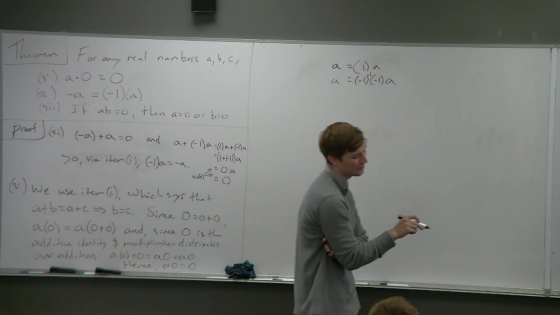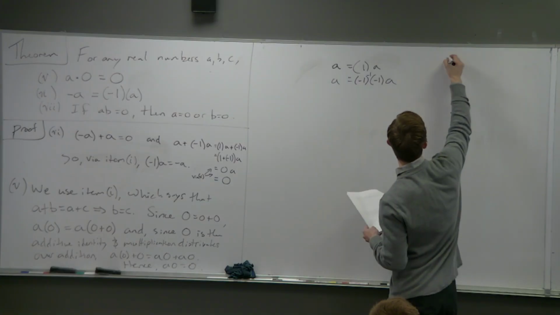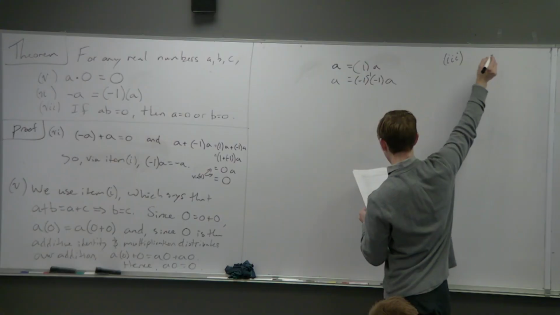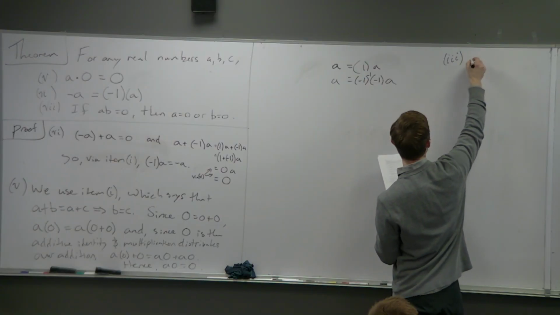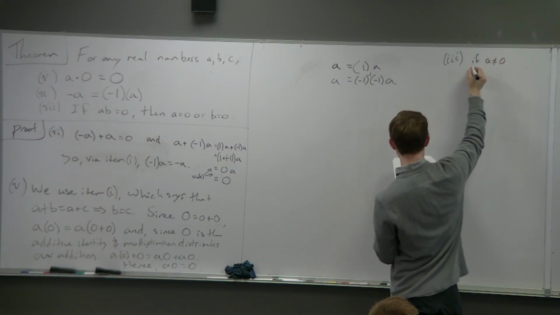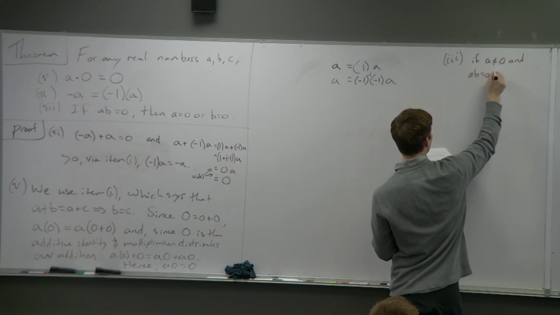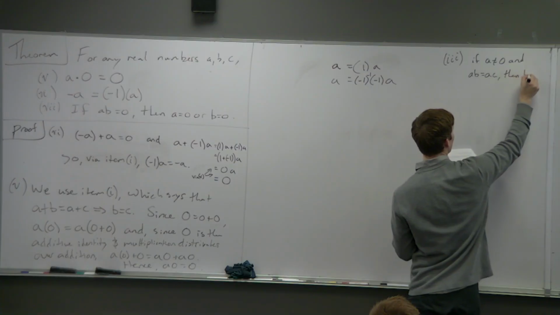Okay, yes, here's what we need to use. For this one, we would use item 3. Item 3 from before tells us that if A is non-zero and AB equals AC, then B equals C.